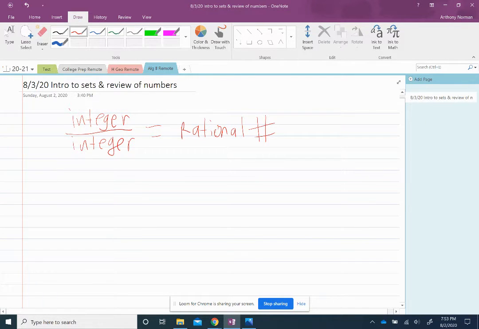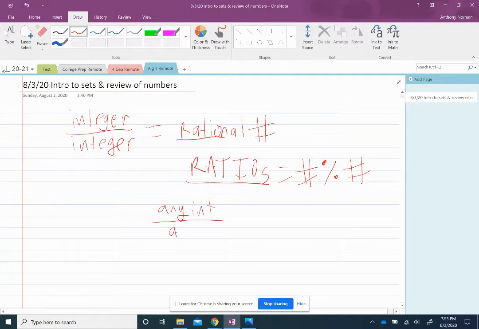Another way to think about rational numbers is that they're ratios, which means a number divided by a number. So any integer that we can think of can be on top, divided by any integer that's not 0. Don't divide by 0. You don't want to kill the dinosaurs. That's how you kill the dinosaurs.